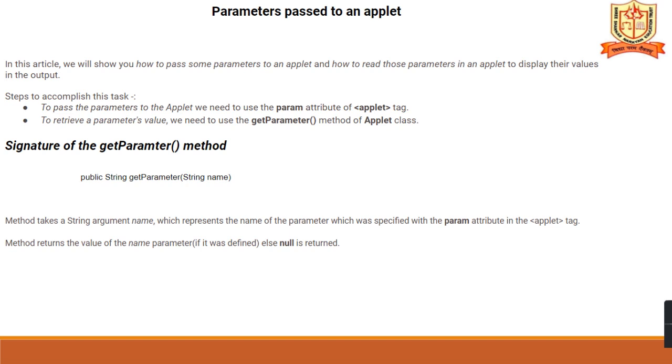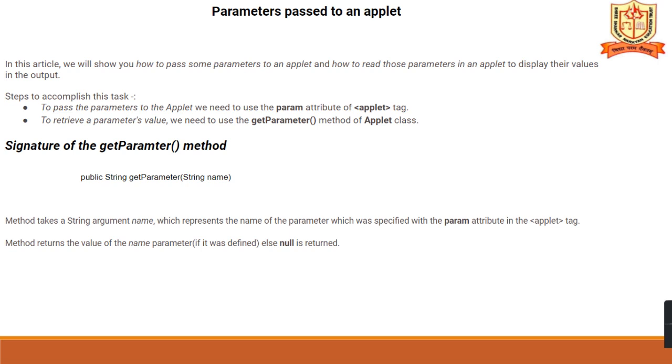In this article we will show how to pass the parameters to the applet, and how to read these parameters in the applet to display their values in the output. Steps: to pass the parameters in the applet, we need to use the param attribute. You are supposed to use this param attribute and pass the parameters.